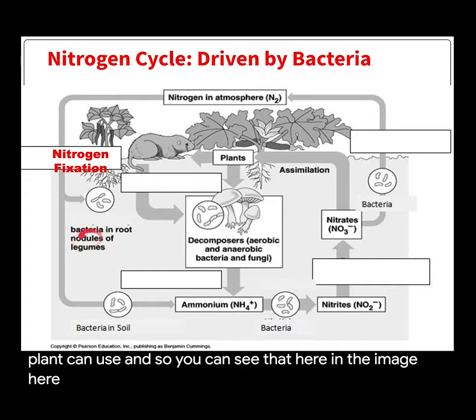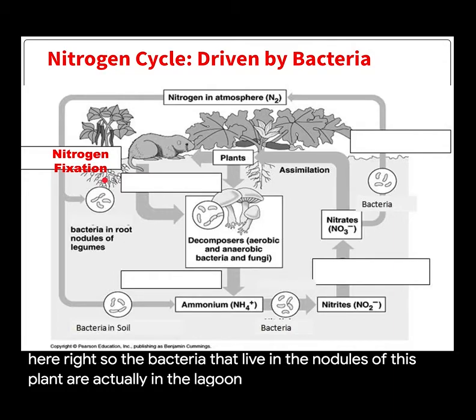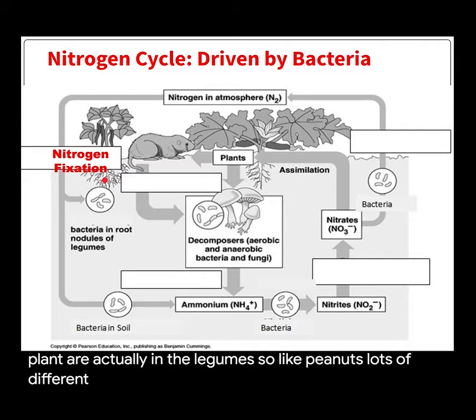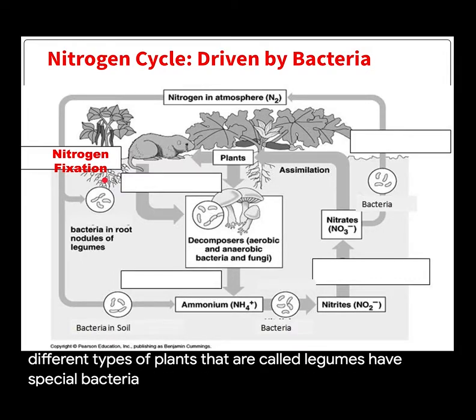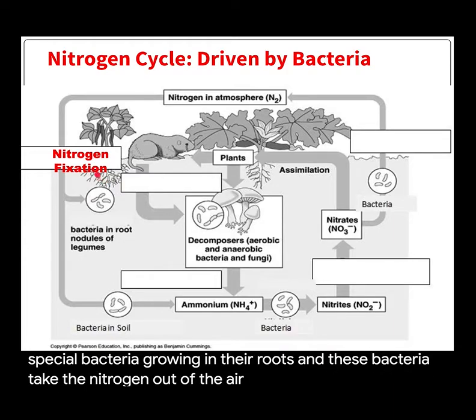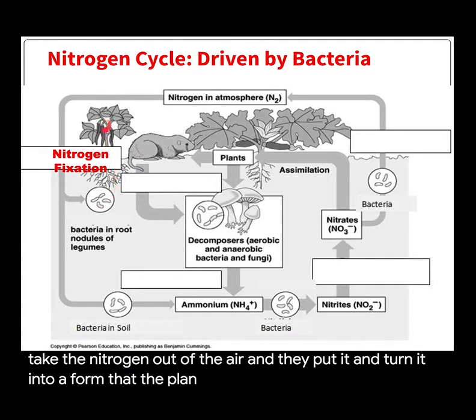The bacteria that live in the nodules of this plant are in the legumes, like peanuts. Lots of different types of plants called legumes have special bacteria growing in their roots. These bacteria take the nitrogen out of the air and turn it into a form that the plant can take up into its cells.